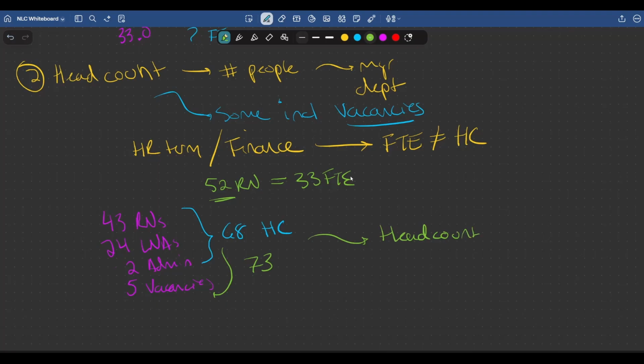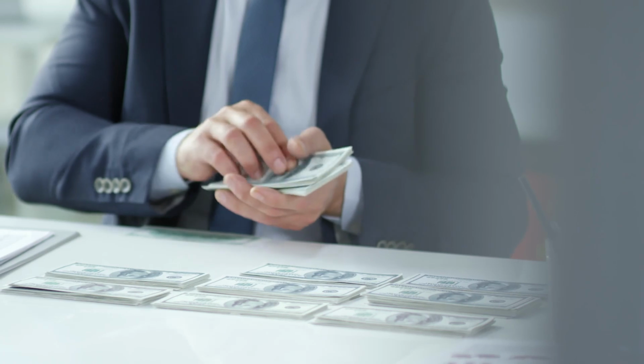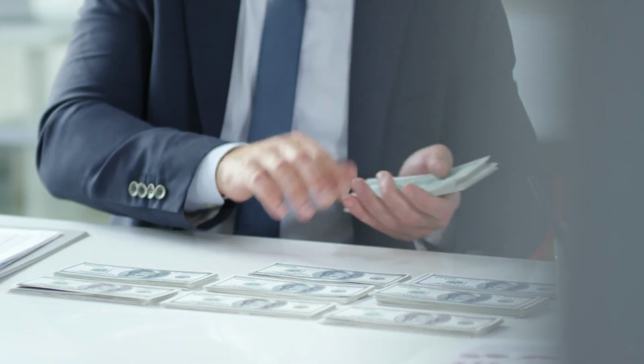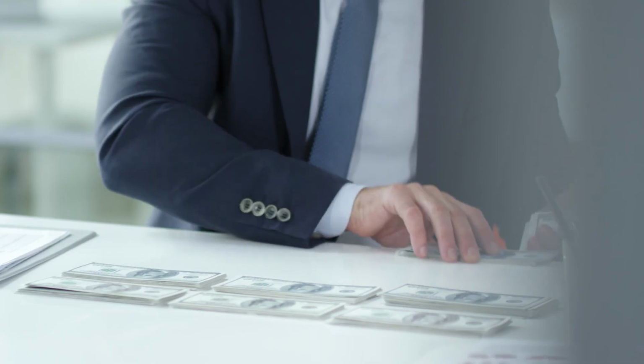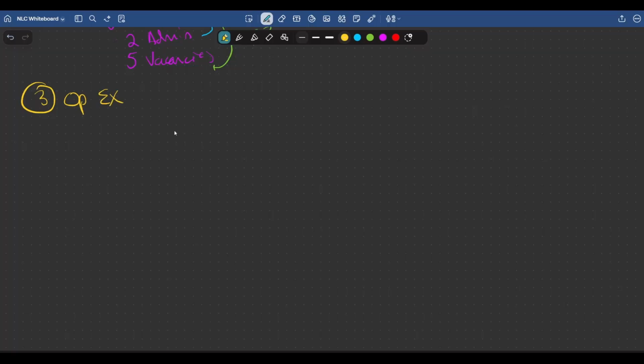So that's a pretty simple one. Now let's talk about spending money. Fun part, right? Spending money. Specifically, we're going to talk about OpEx, which is a short term for operating expenses. Operating expenses is usually an entire section of your annual budget and a really important aspect of your monthly financials. So this will be in your budget.